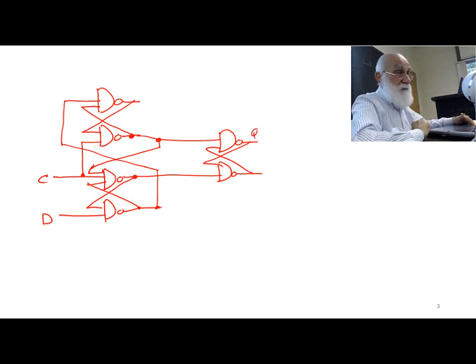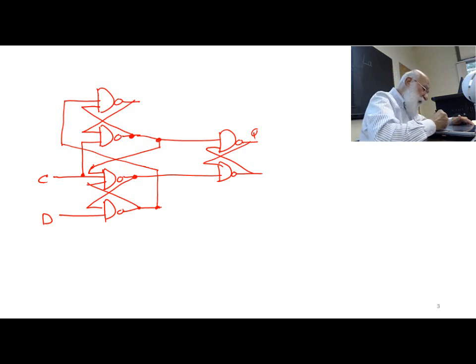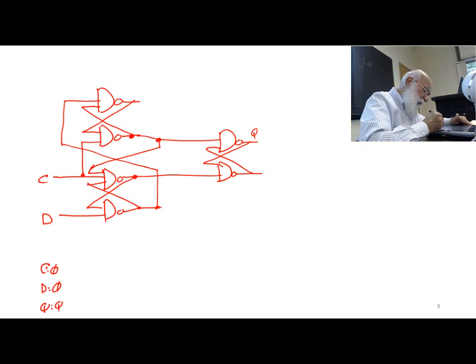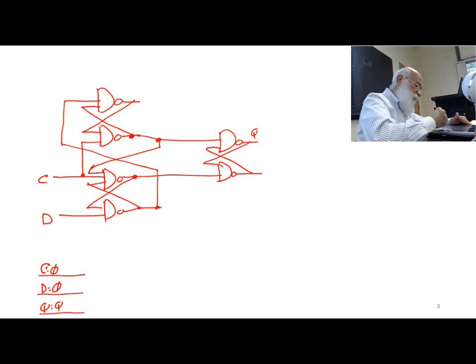Let's analyze it. Let's do what we did before, and I'm starting with C 0, D 0, and Q 0 for now. Initially C is 0, D is 0, Q is 0.